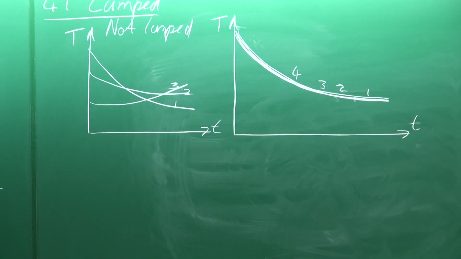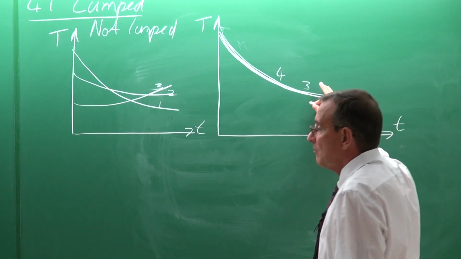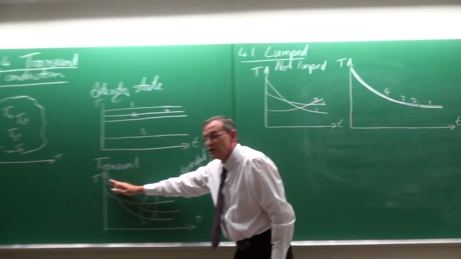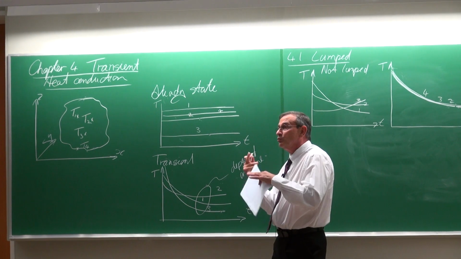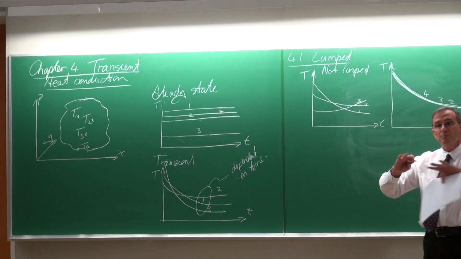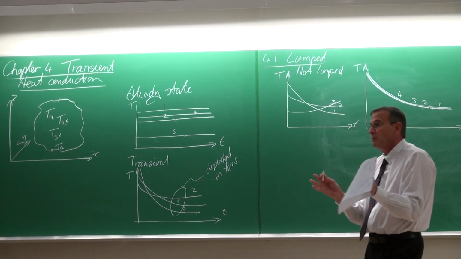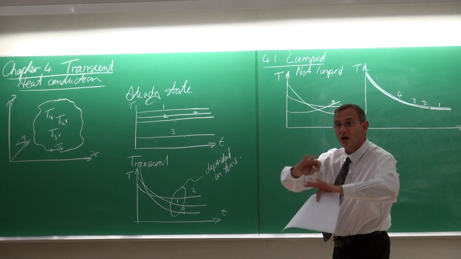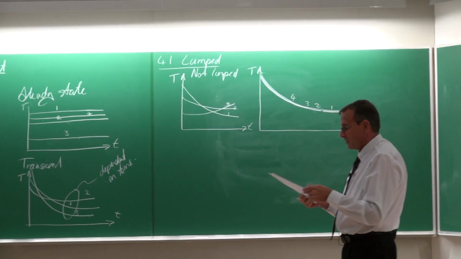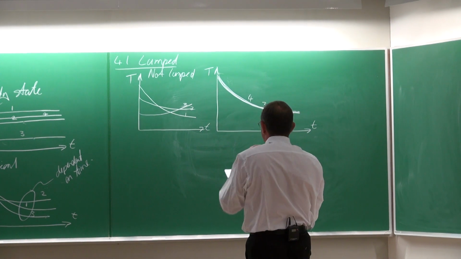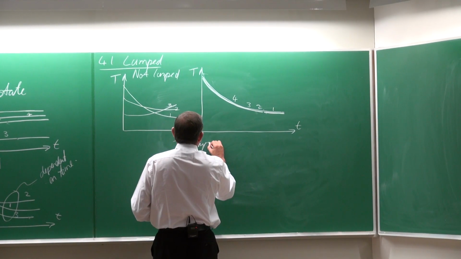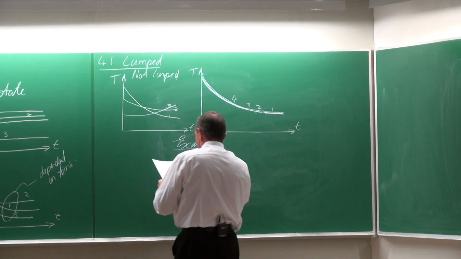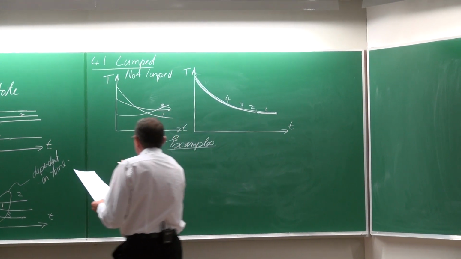So what does it mean? It means in a lumped system, we can determine the temperature as a function of time, but it would be bodies in which the temperature distribution inside the body is the same. There's no differentiation as a function of temperature. Examples. What are good examples? Good examples is a small copper ball.